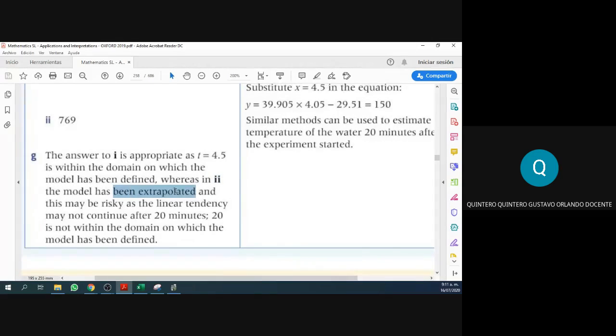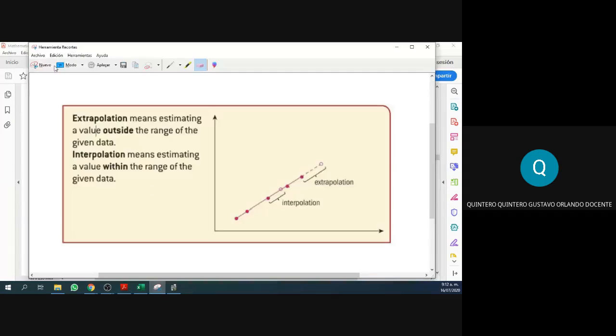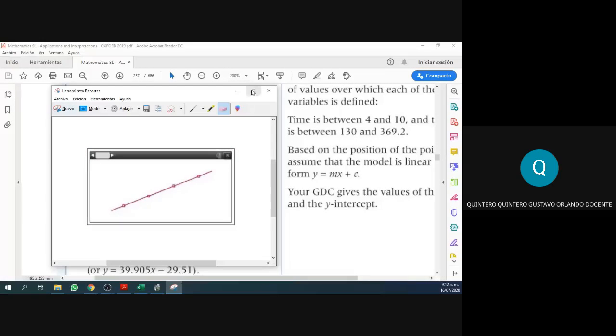This is called extrapolation. And extrapolation is risky because, let me take a screenshot of this. All right, because we know that in these 4 points, these values of x and these values of y, the behavior of the data is linear.